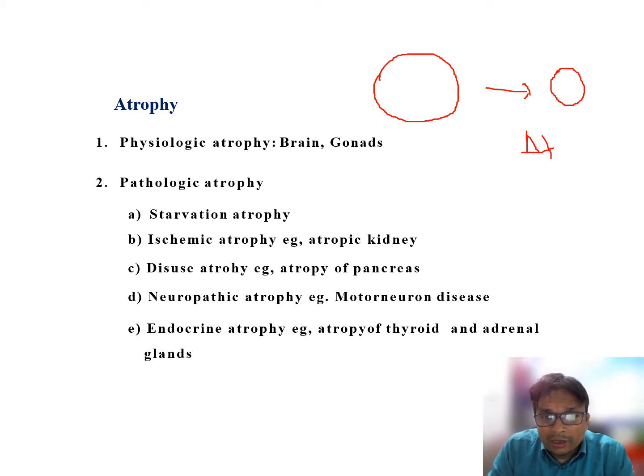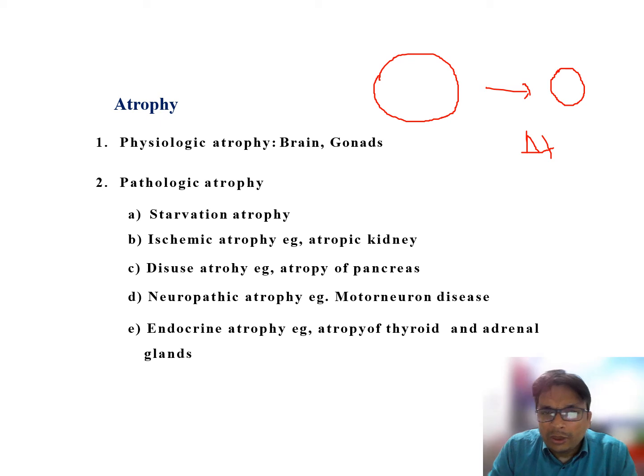Neuropathic atrophy is where the motor neurons are not functioning towards a particular muscle. So that muscle is not getting a sufficient amount of impulses and is not performing its function in a proper manner. When the muscle is not functioning properly, is it able to get energy in a proper manner? No, and that's why it results in atrophy.